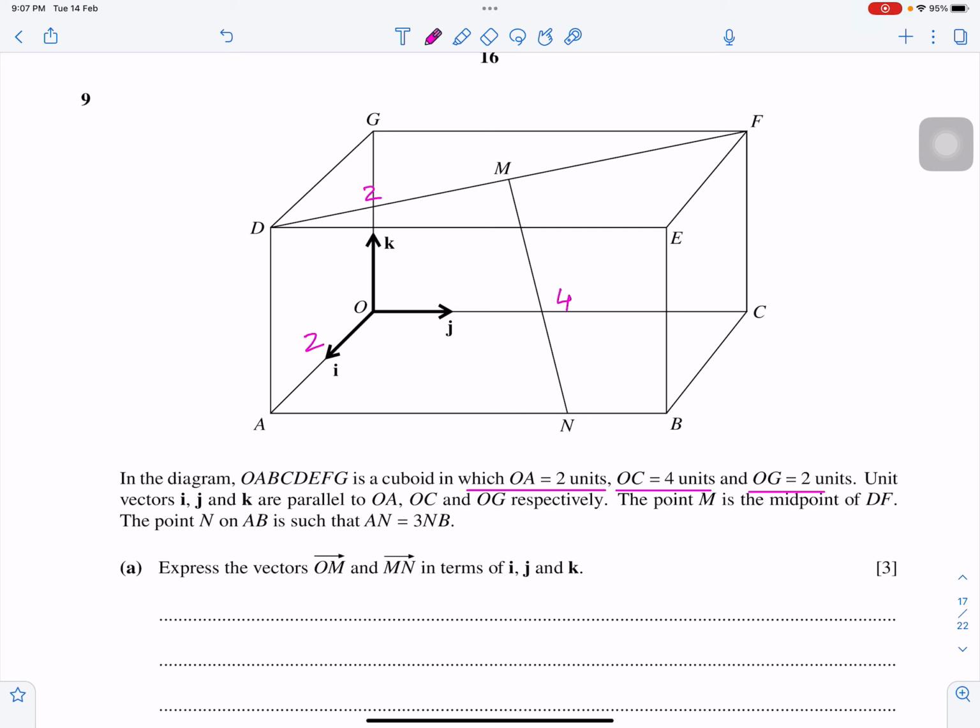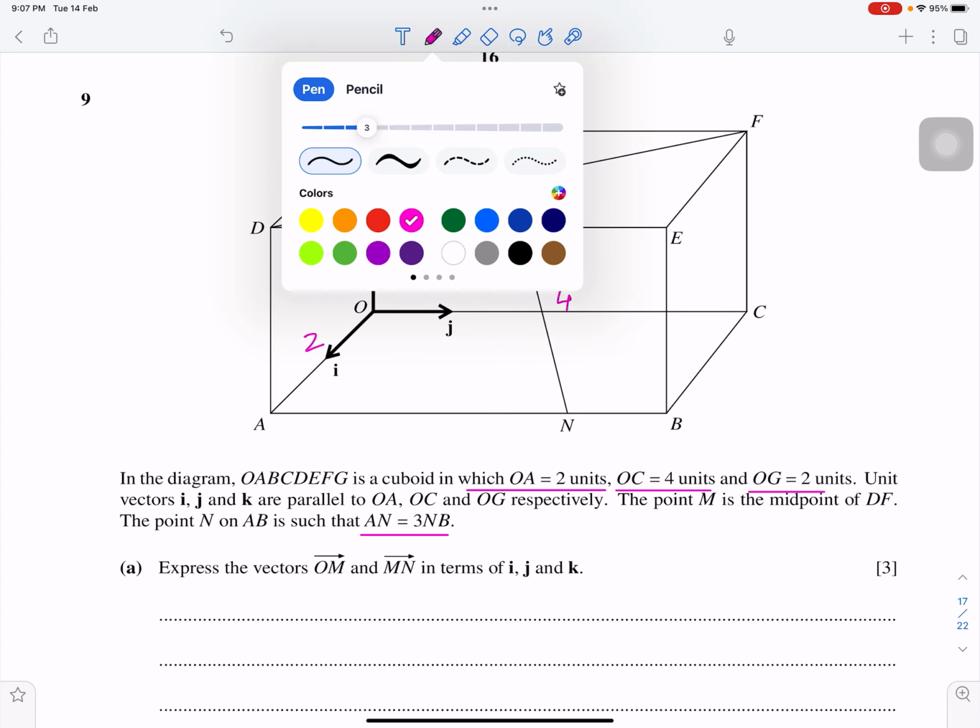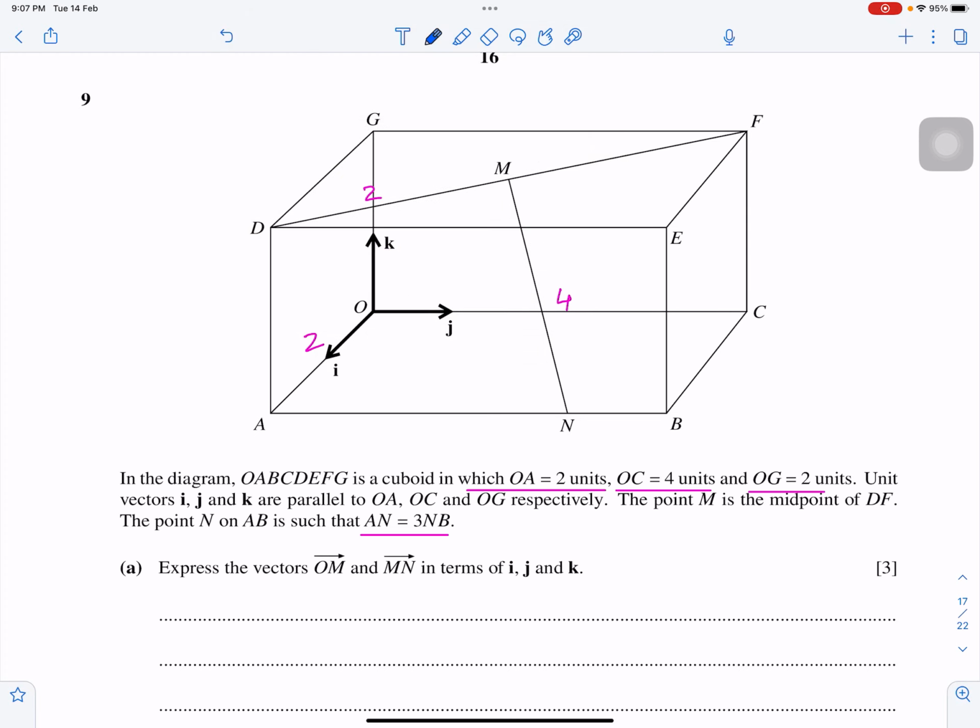The rest of the information is also important. AN is equal to 3NB, so ratio wise, AN has 3 ratios and this has 1 ratio. The complete AB is equal to 4j, but AN will be 3j and NB will be j.